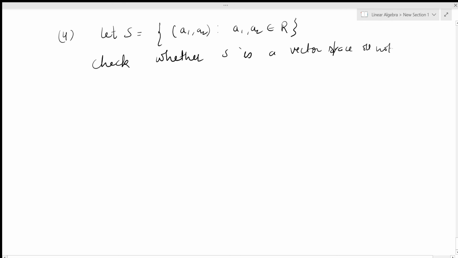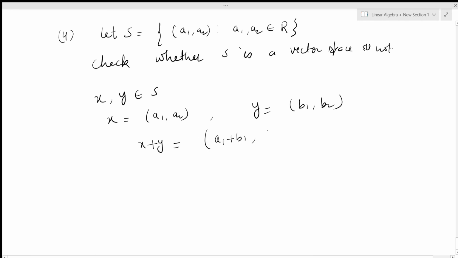So we start with the first property, closure. If we take two elements x and y from S, then x is of type (a1, a2), a two-tuple vector, and y is (b1, b2), and if we add these two, we get (a1 plus b1, a2 plus b2).